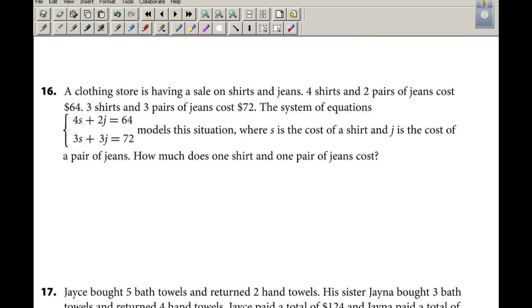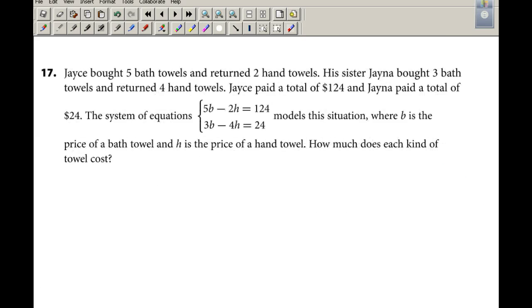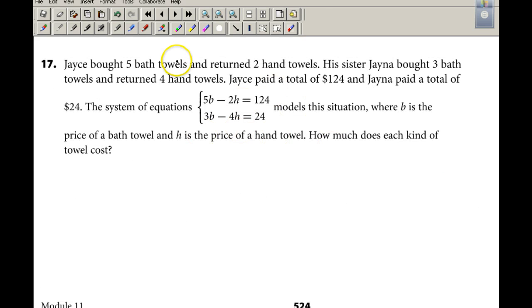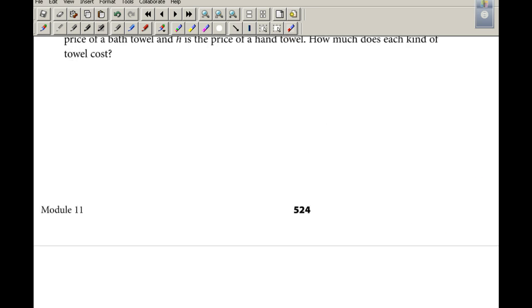Just write something at the end that summarizes. S is the shirts, J is the jeans. Write out in words, oh, we bought this many shirts and this many pairs of jeans. But these are not more work than the ones before without a word problem. It's the same thing with one little sentence at the end.